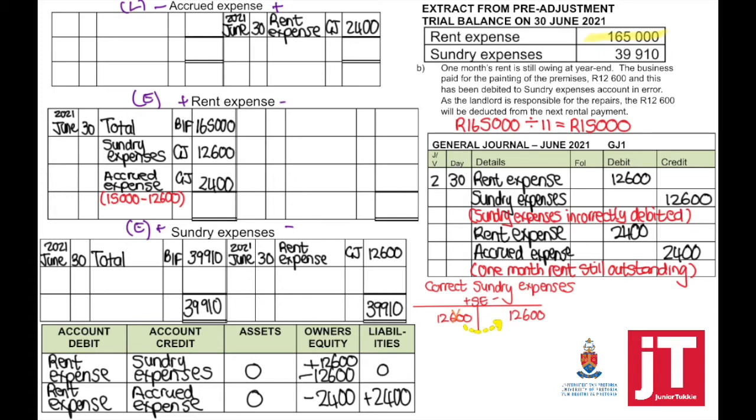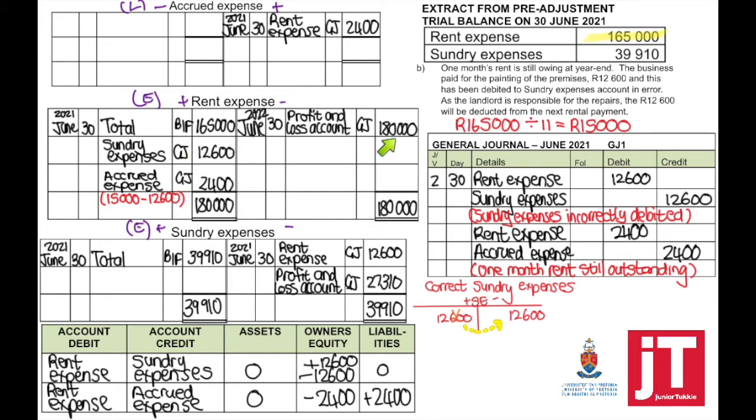At the end of the accounting period, sundry expenses is an expense which is closed off to the profit and loss account. Take the debit side minus everything on the credit side. This is my total expense for this accounting period. Rent expense is also closed off to the profit and loss account. So add everything on the debit side.